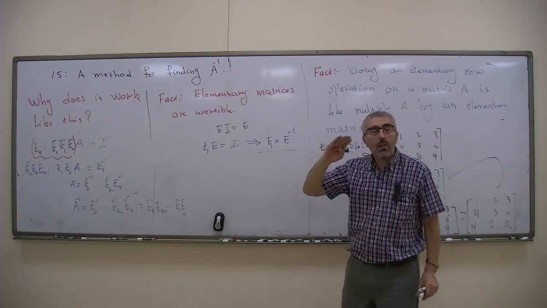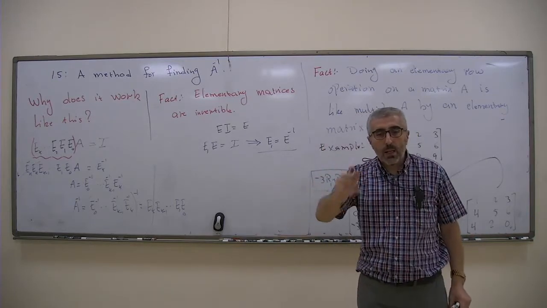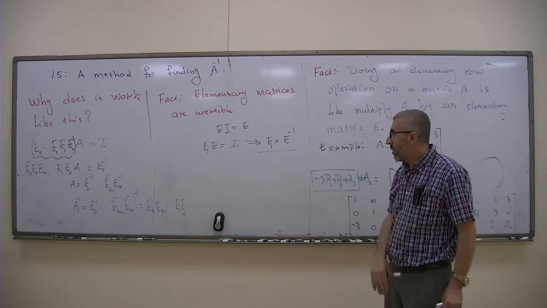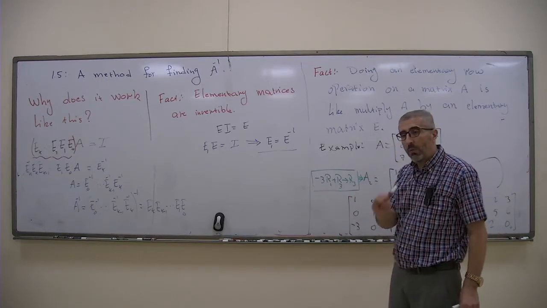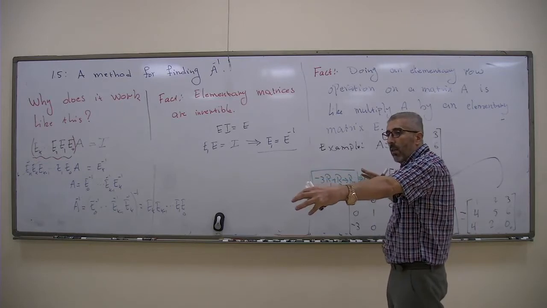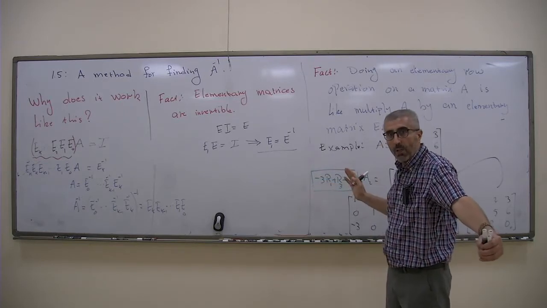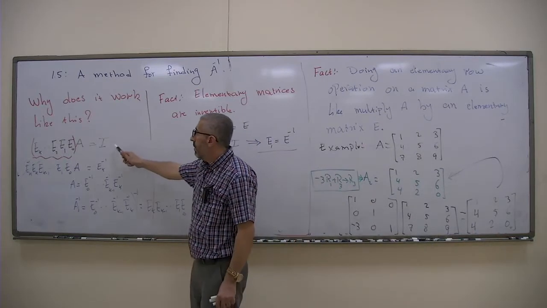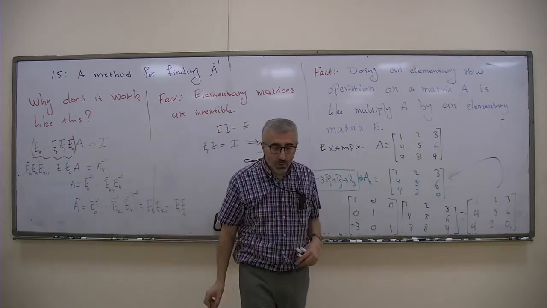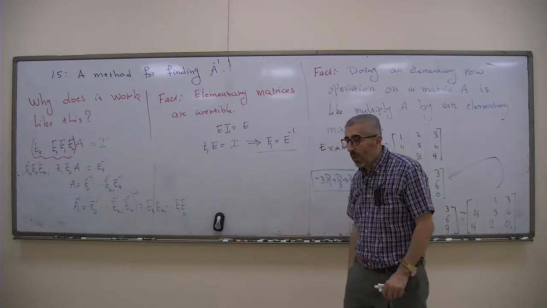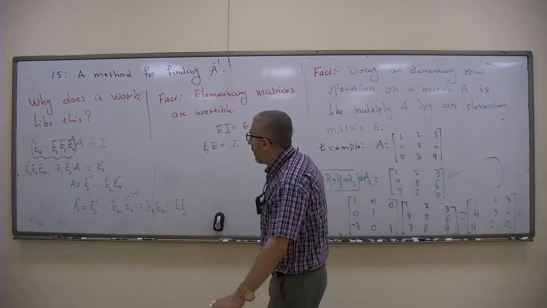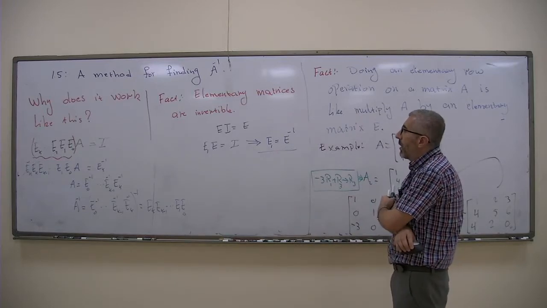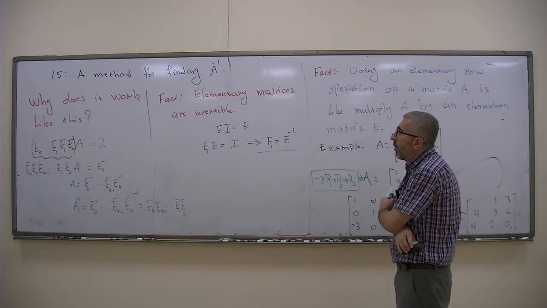If you get a row of zeros, it means your matrix is non-invertible and you stop. If you don't get a row of zeros, you keep going till you get the reduced row echelon form. The reduced row echelon form will give you the identity on the left, and on the right, you get the inverse of your matrix. Okay, and here we justified that using elementary matrices and the relationship between elementary matrices and elementary row operations.